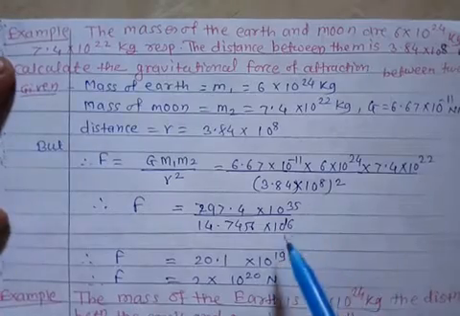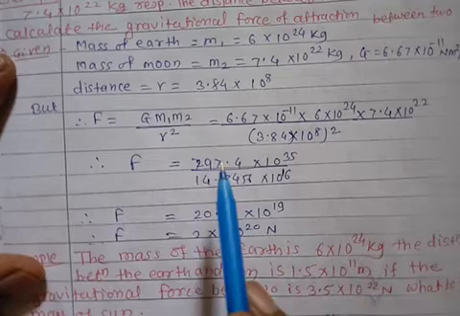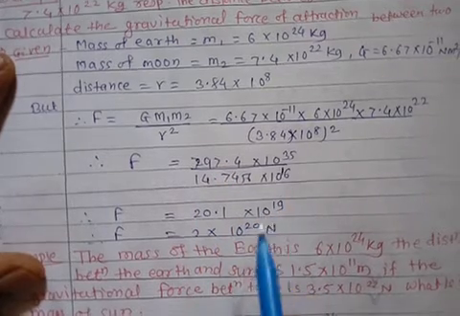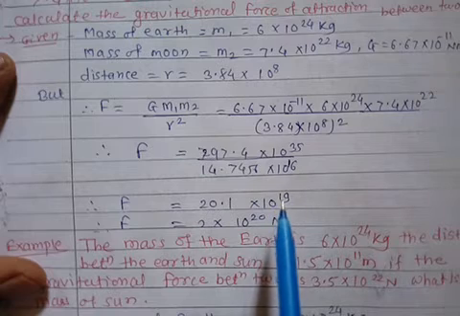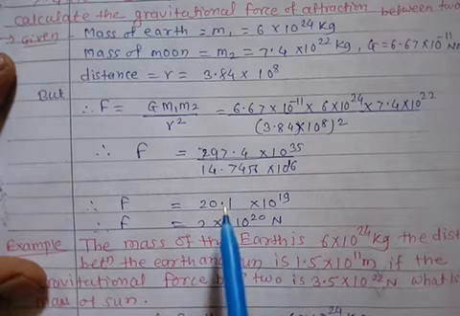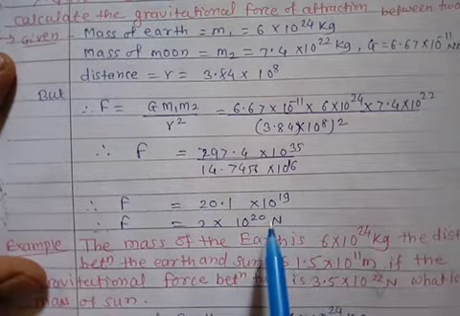Dividing, we get 20.1 into 10 raised to 19. Therefore, writing it as 2.01, transferring the decimal point, we get 2 into 10 raised to 20 Newton.